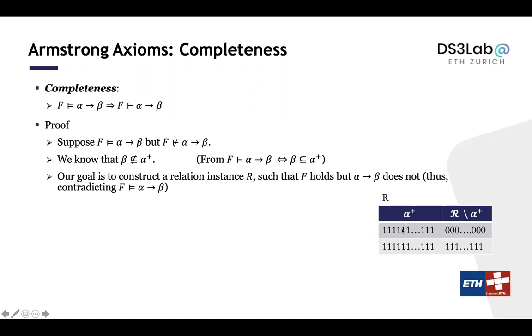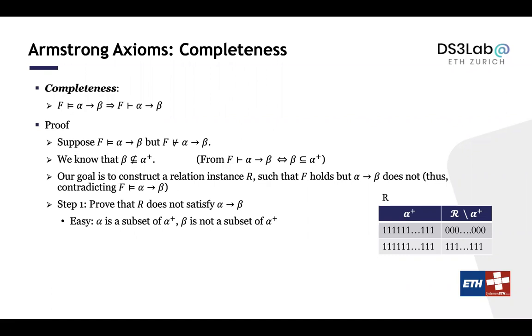These two tuples have the same value on the closure of alpha, both of them 1. And then they have different values on all the other attributes. So let's consider this relation R. There are two things we want to prove. One thing is that this relation instance R does not satisfy alpha to beta.